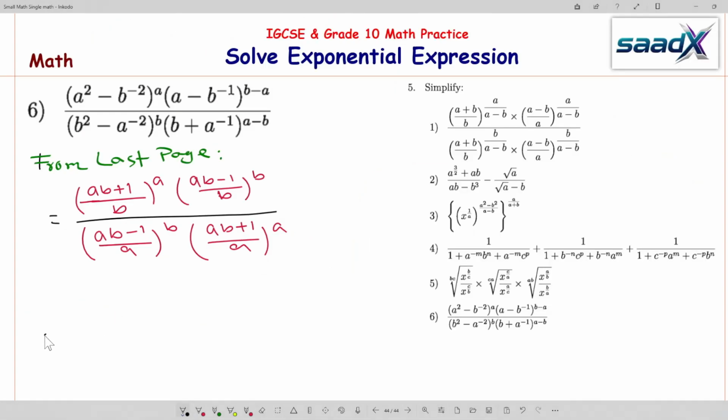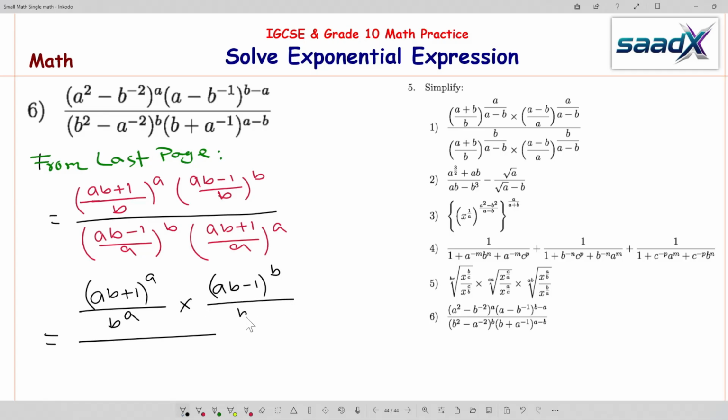Now one by one we should do one thing, like (ab plus 1) to the power a, and here b to the power a, we can write times. Similar thing, (ab minus 1) to the power b divided by b to the power b, right?